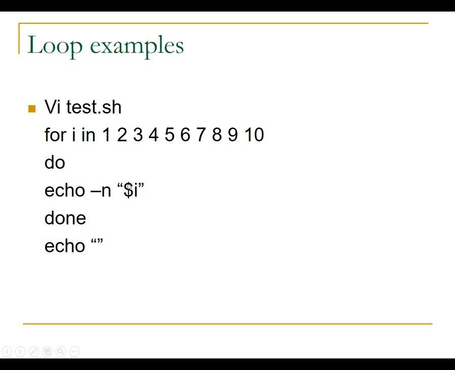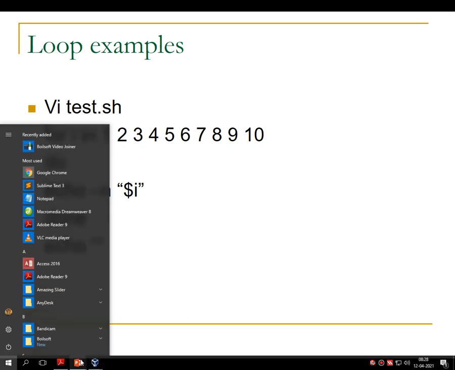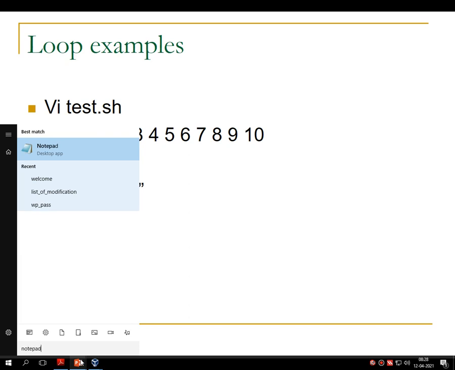So what it does, it prints 1, then on a new line it prints 2, then on a new line it prints 3, up to 10. It prints all the values. Once the condition is false, that means the number is out of range from the given numbers, this done is completed and the echo statement will exit the program. So on screen what will you see? Over the screen you will see the numbers like this.